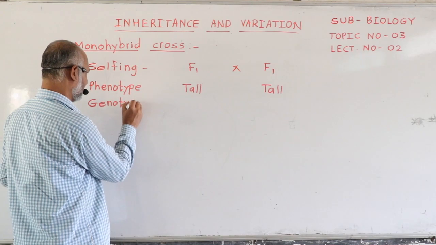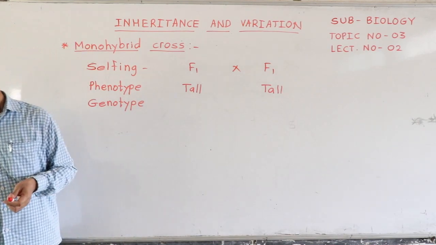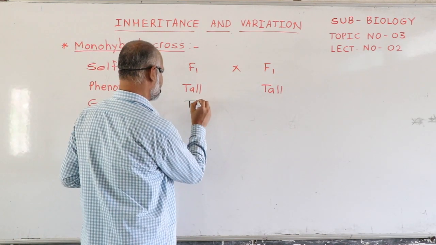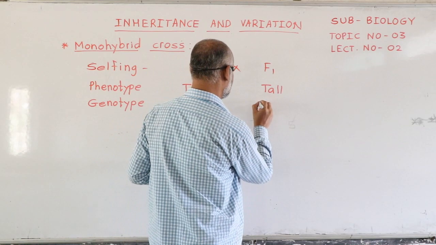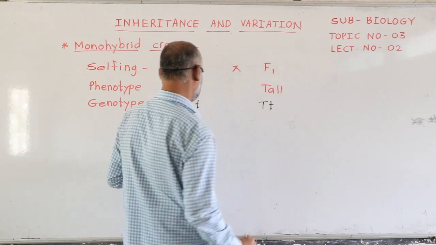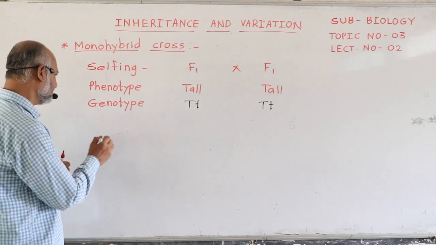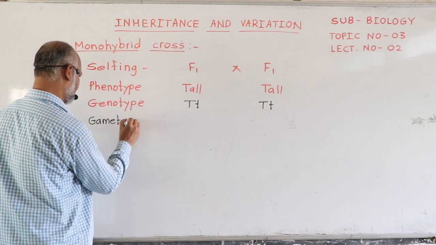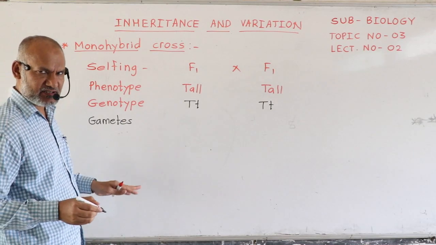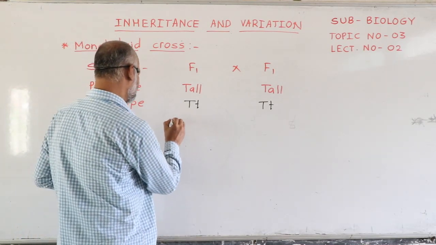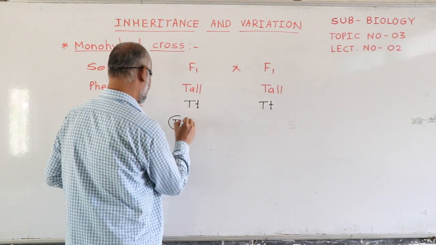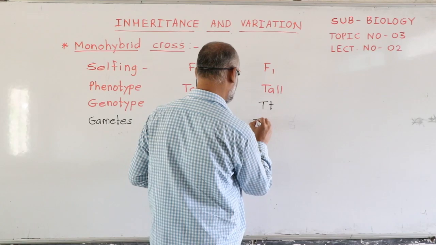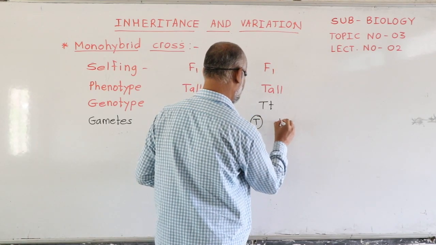Now the gametes. These heterozygous parents form two types of gametes, that is capital T, small t here, and similarly capital T, small t. Okay. Now the cross between these two parents can be represented by the Punnett square method, or checkerboard.